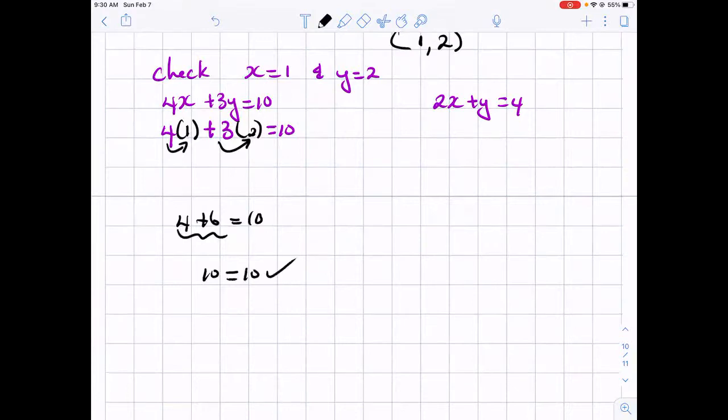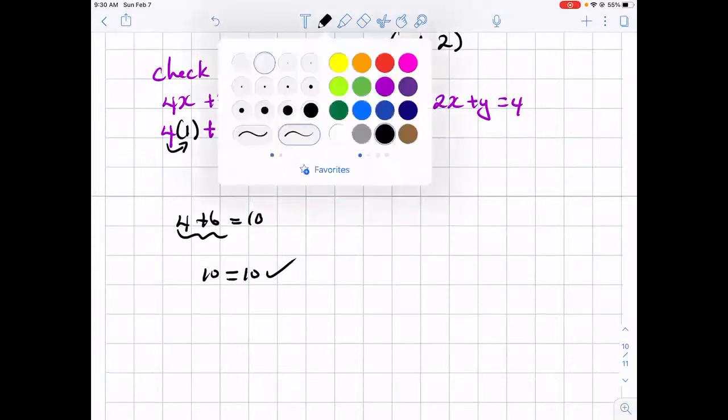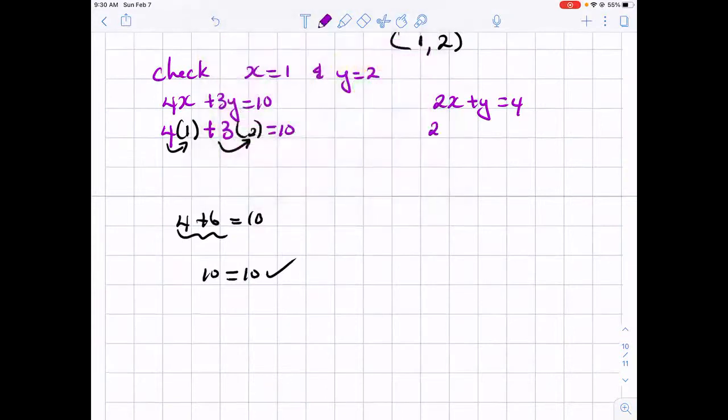Remember, you have to check both. So let's do it for the second equation. 2 times x, which we said is 1, plus y, which is going to be 2.